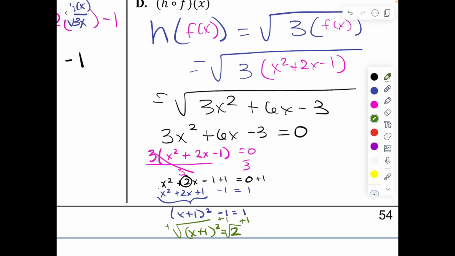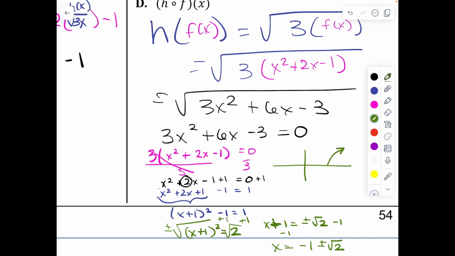Take the square root of both sides, plus or minus, and I get x plus 1 equals plus or minus the root of 2. Subtract 1 from both sides, and we get x equals negative 1 plus or minus the square root of 2. When I see those two values, I know it can either go to the right or the left.